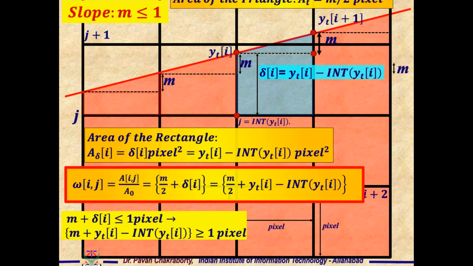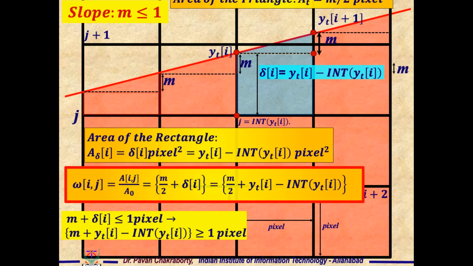So let us see this situation here. Here I have a situation where I have got the line which has become greater than 1 pixel, and where m plus delta I is greater than 1.